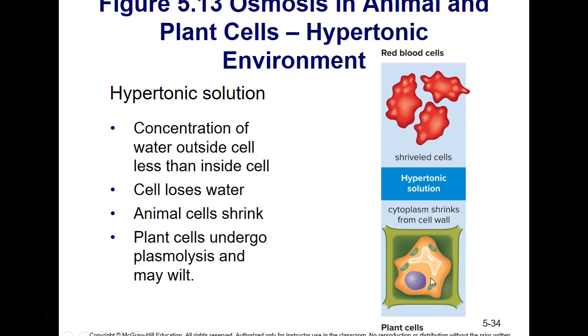Okay, so for example, when you have a plant that's wilting, as I gave you in the example earlier, once it starts looking normal again and healthy again, that's because a hypotonic environment has been created for that particular plant, and the plant has gained water. Okay, so like I say, a plant cell will not burst because it has a cell wall.